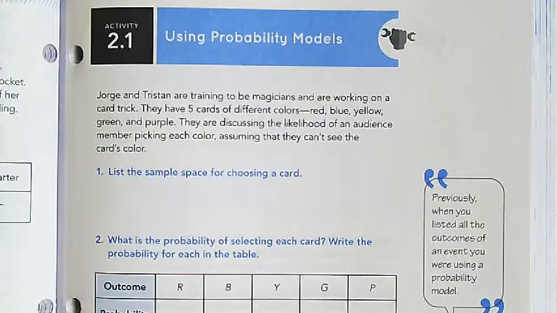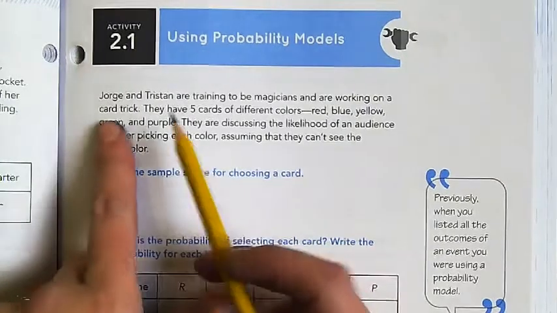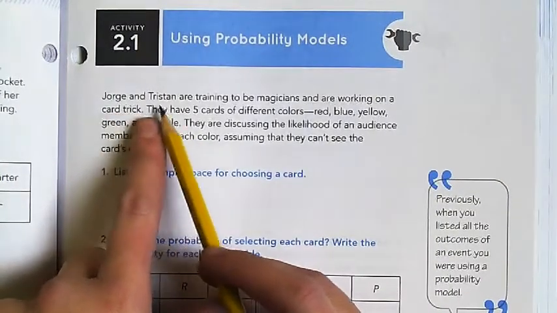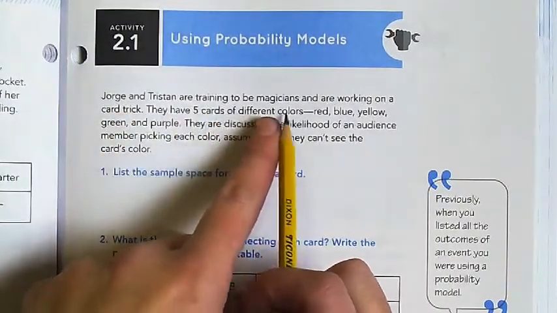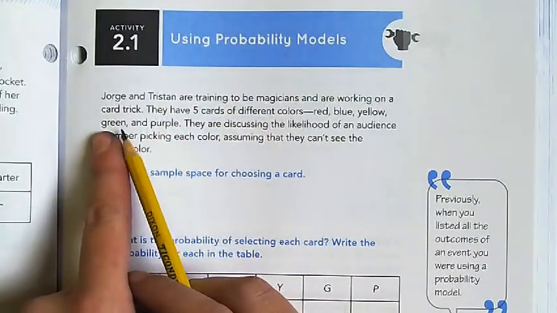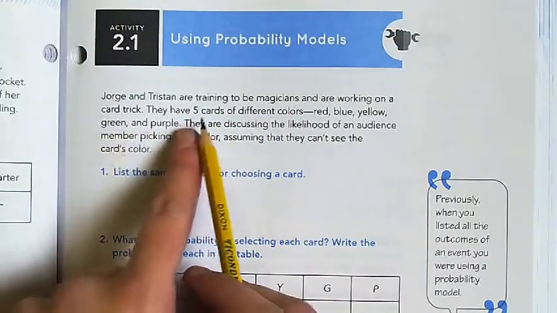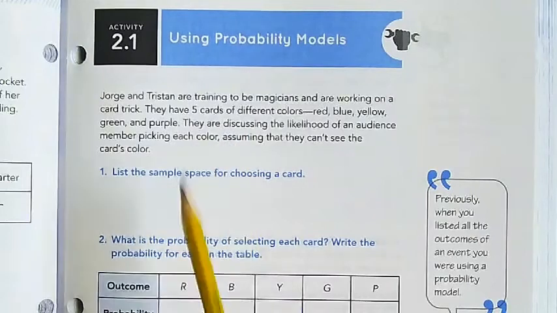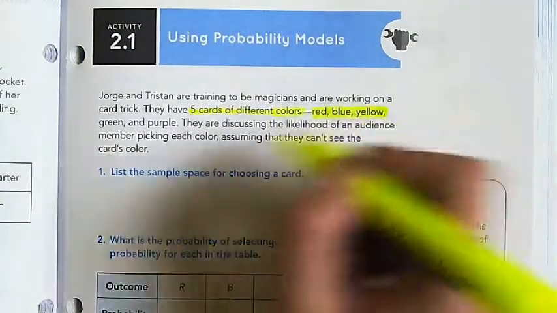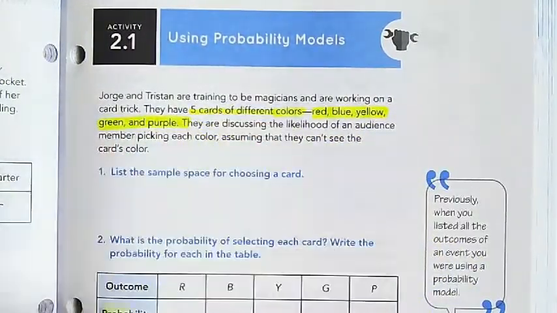Let's talk about activity 2.1, using probability models. Jorge and Tristan are training to be magicians and are working on a card trick. They have 5 cards of different colors: red, blue, yellow, green, and purple.